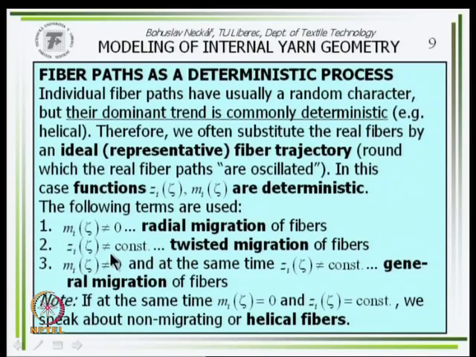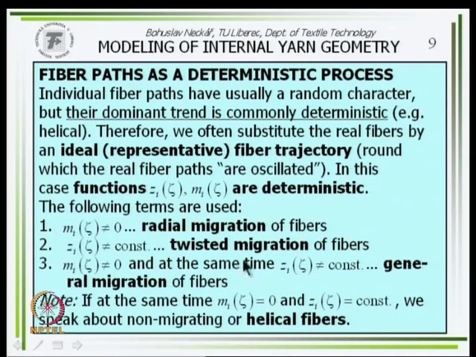If z(zeta) is different from a constant, z was d phi by d zeta, the increase of angle by the zeta coordinate. If this value is not constant, then the local twist, the twist of fibrous elements, is different from point to point, so we must speak about a twisted migration of the fiber.